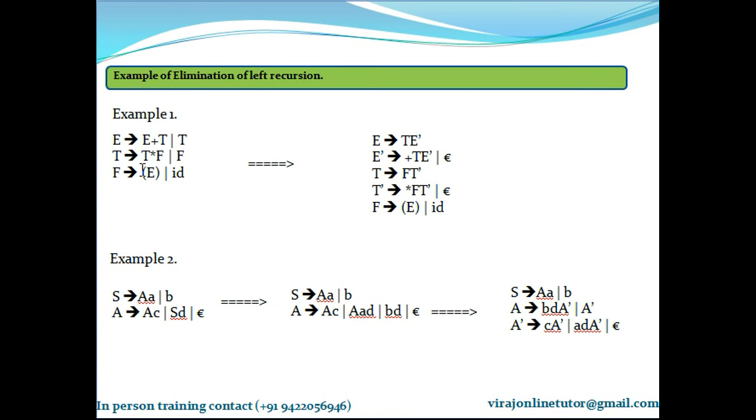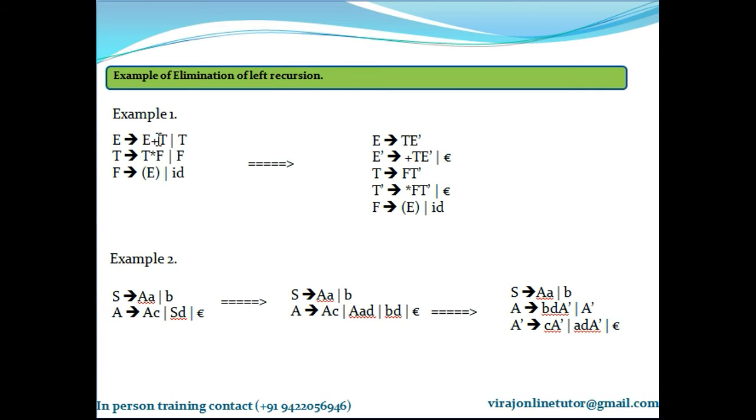So let's apply that here. This is immediate left recursive. Why? Because the leftmost symbol is starting with the same symbol which is on the left hand side of the production. This is also having a direct left recursion. Why? Because the leftmost symbol is exactly matching the symbol on the left hand side of the production. So this is of the format A gives A alpha or beta.